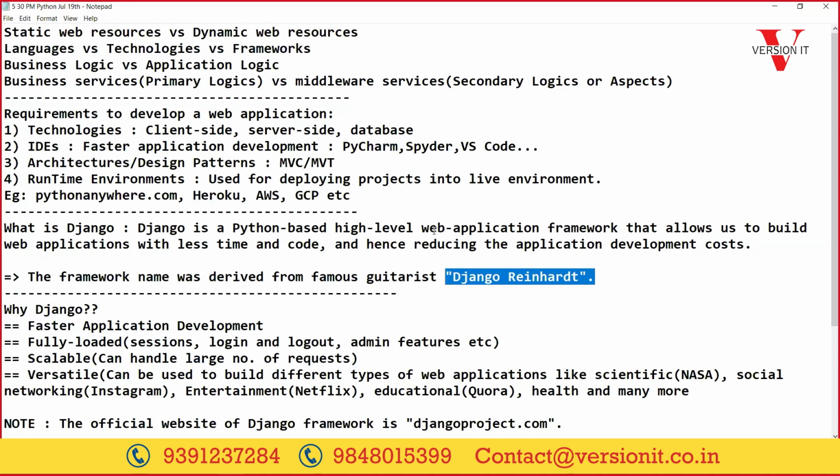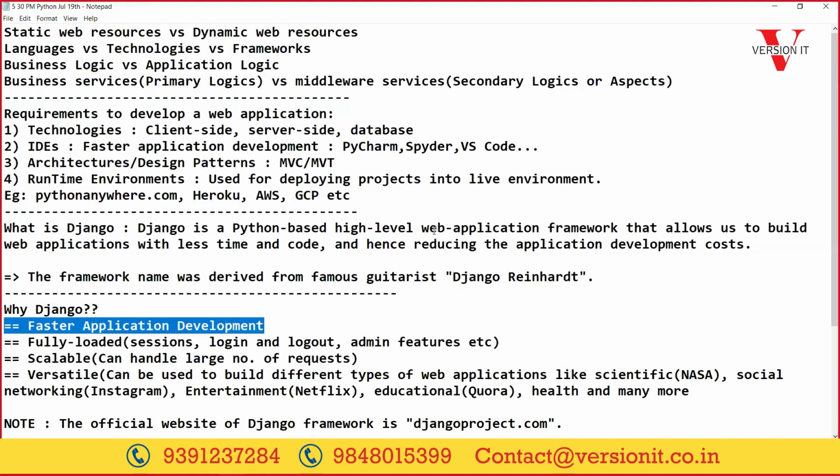When there are many frameworks available in the market, why should we go for Django in particular? There are some reasons. The first reason is faster application development, because it takes less code, so you can build the applications faster.